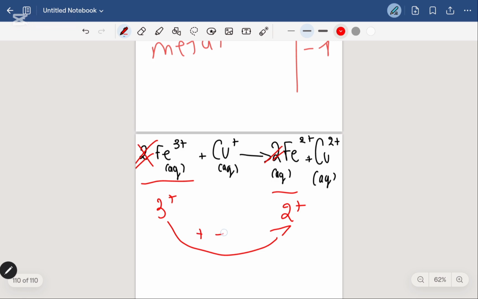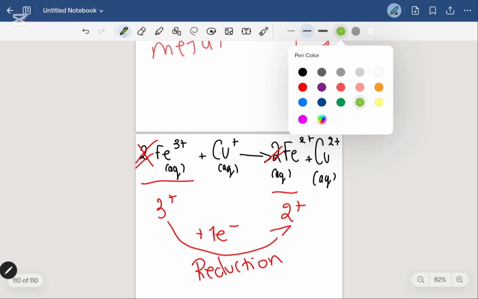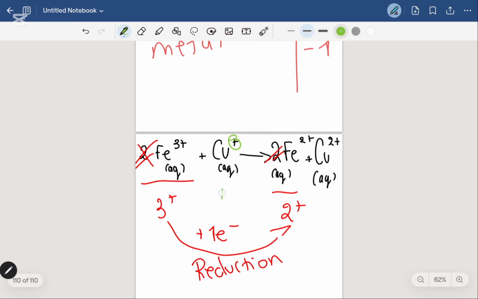It gains an electron. And we said when it gains an electron, this is reduction. Now again, notice over here, Cu+, its charge was 1+ in the reactants, and in the product it became 2+. So that means it's losing 1 electron. And we said the loss of electrons is oxidation.